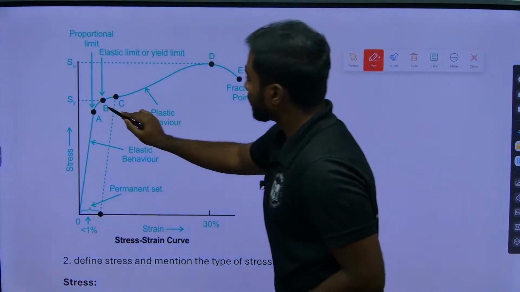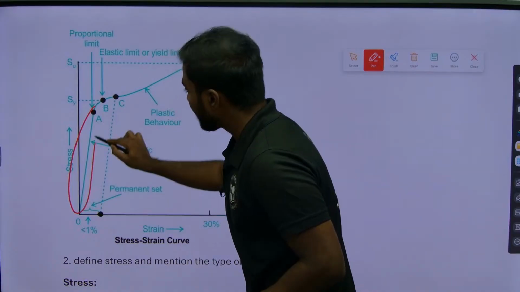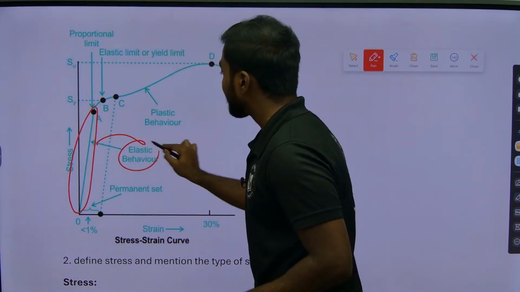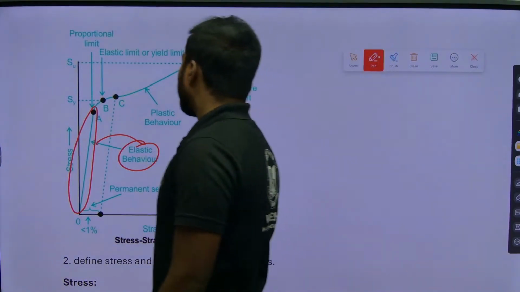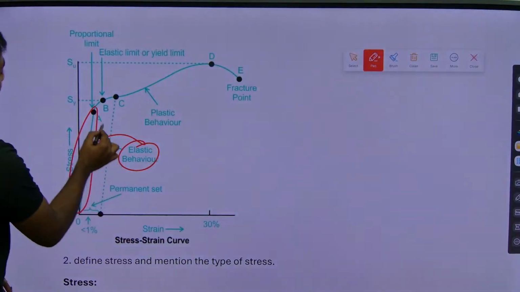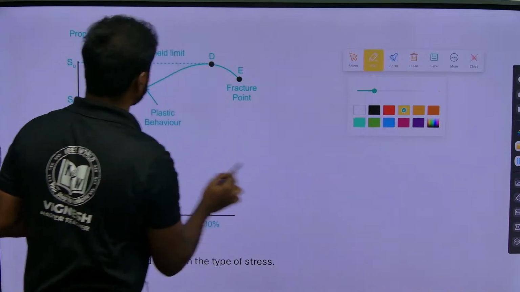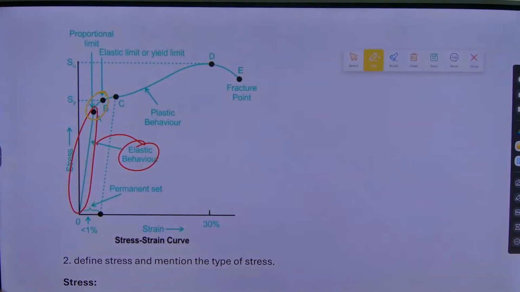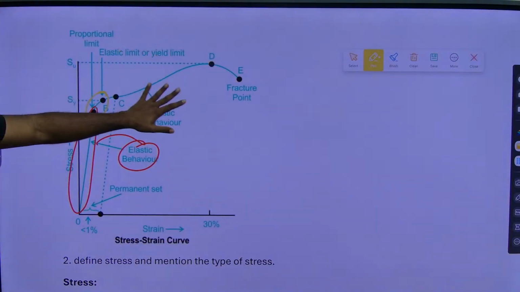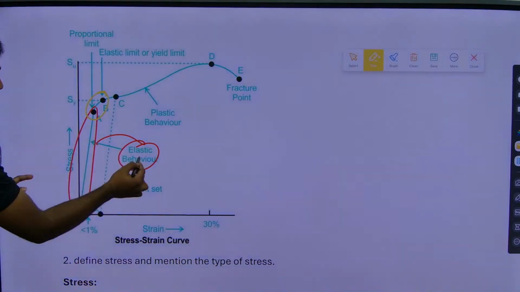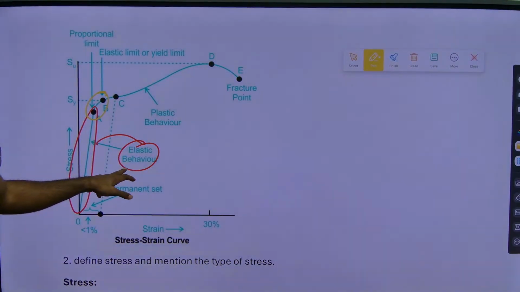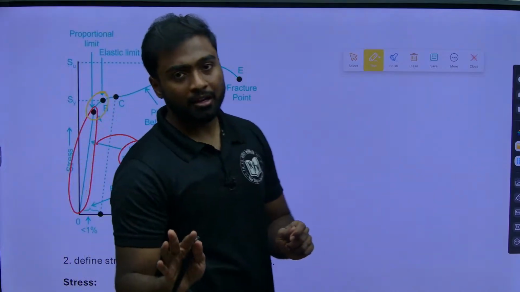Up to this point, O to A, it is the elastic limit. And when I talk about point A to B, it's the elastic limit or yield point. Elastic behavior means stress is directly proportional to strain.